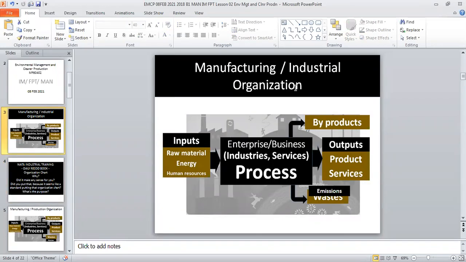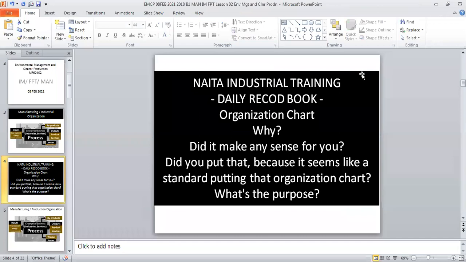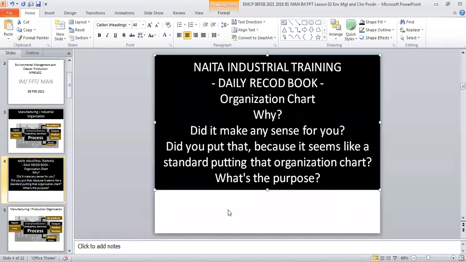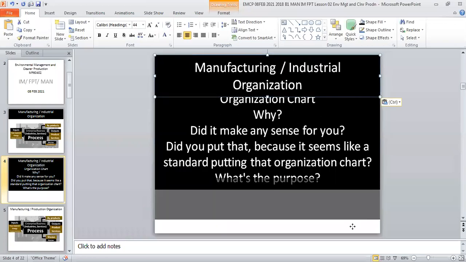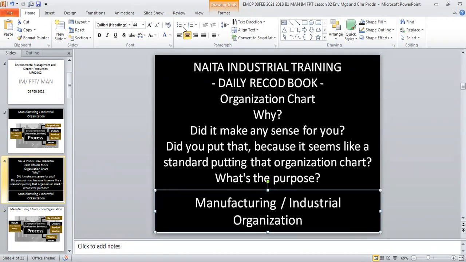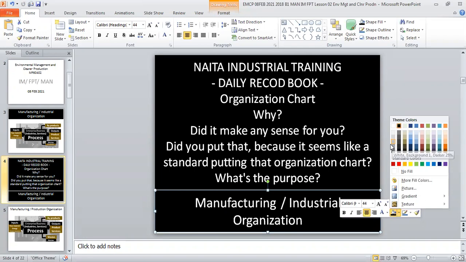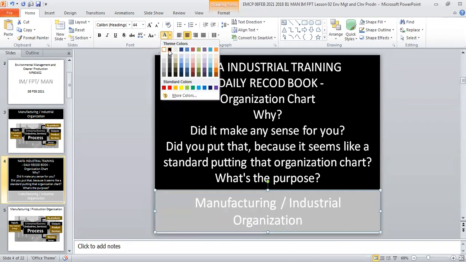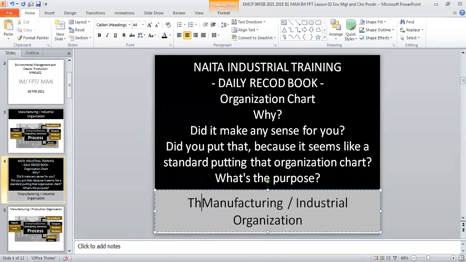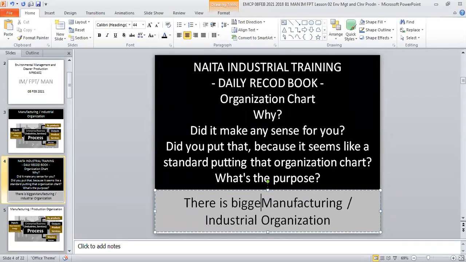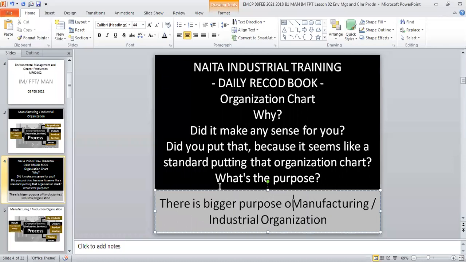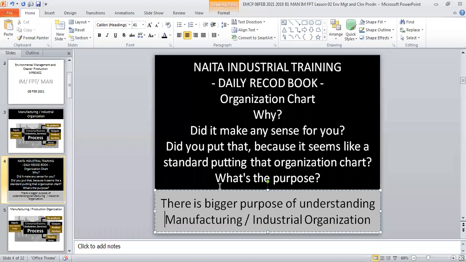There's a bigger purpose of understanding manufacturing or industrial organization.